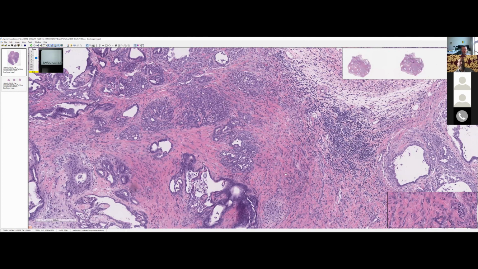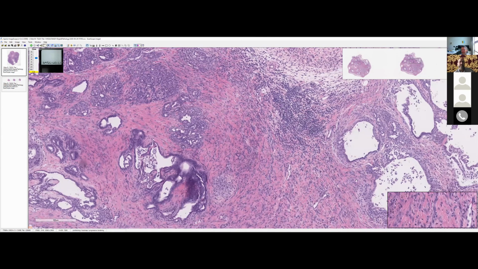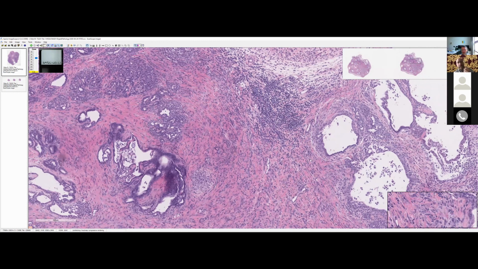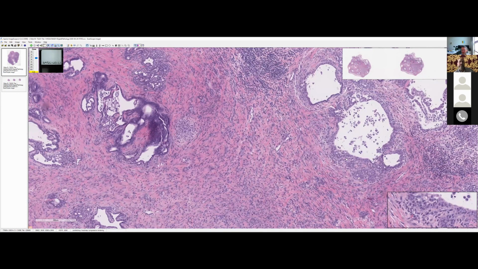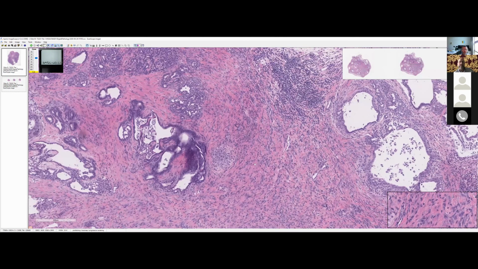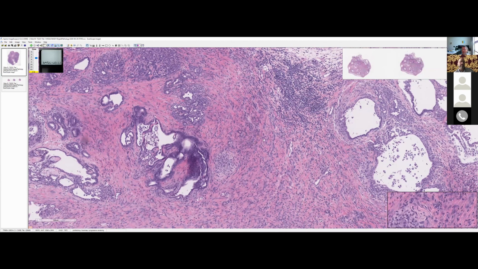So I will say, and I won't tell you what the experiment is exactly, but this is one of the experimental animals, and I think that compared to the control animals, we are seeing quite a bit more heterogeneity in the epithelium, and this is the interesting thing that we're trying to pursue.